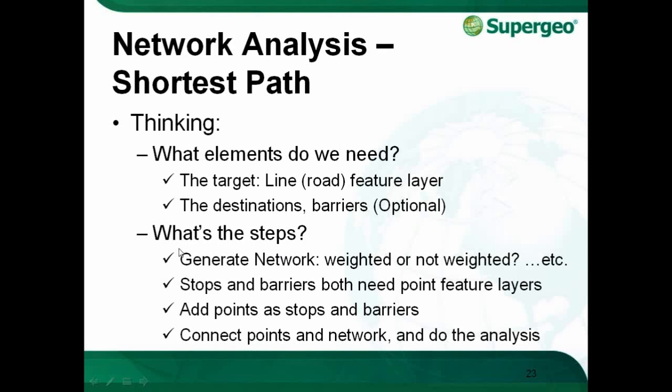First, when we have the raw feature layer, we need to transfer it into a network. Also, before adding destinations, we need to add a point feature layer to save. After that, connect the newly added destination and network to perform the analysis.